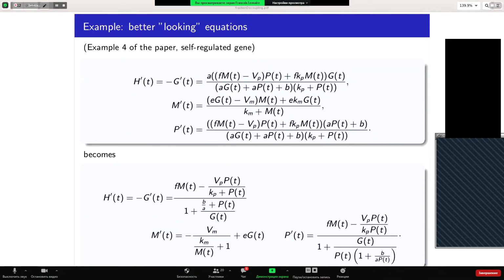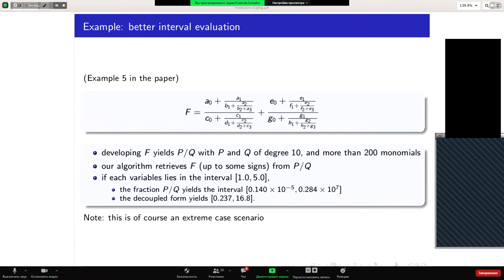Here are two examples that you could find in the paper. This dynamical system can be written in this way with nested fractions, and it's done automatically, and it can be nice to have this alternate form, which is a bit more compact. On another example, I'm taking this one with many independent variables.